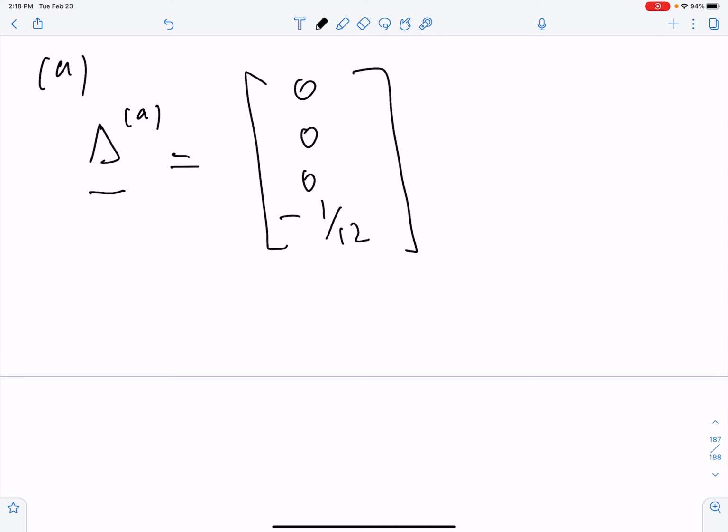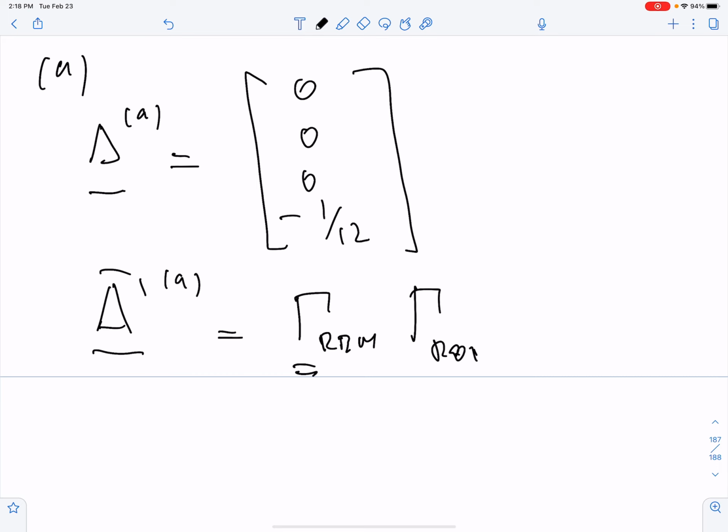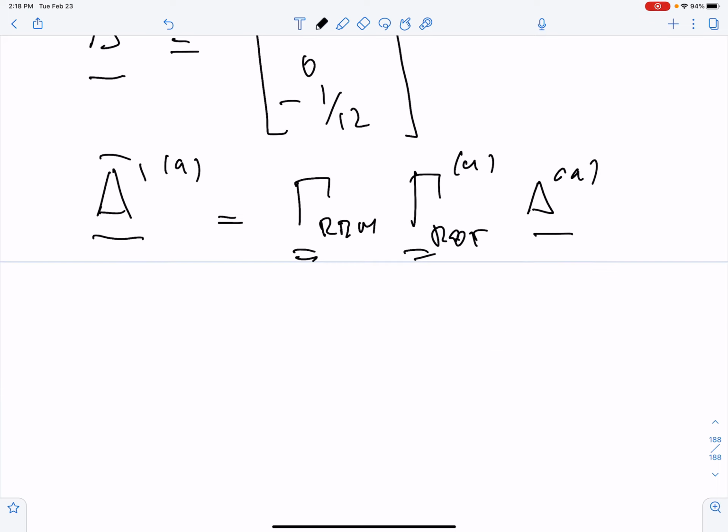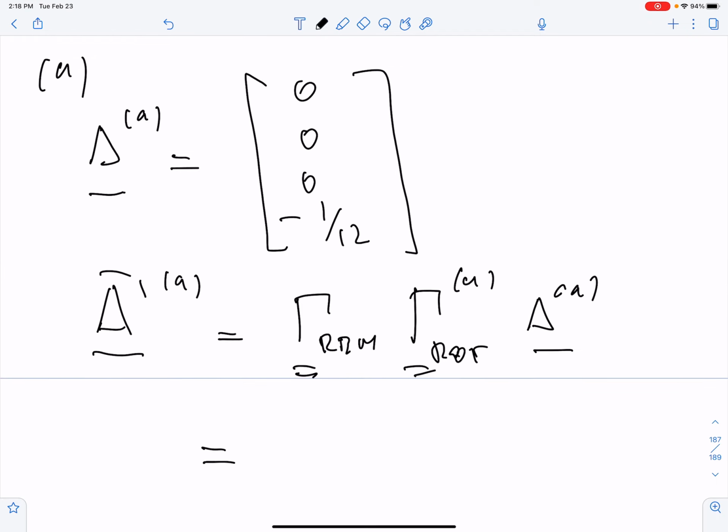All right. Because there's no distributed load, I can actually go directly to delta prime over bar, basic displacement. Right? Basic displacement is gamma RBM times gamma ROT for element A, times delta A. Okay. I can do the math, but you can actually see it.